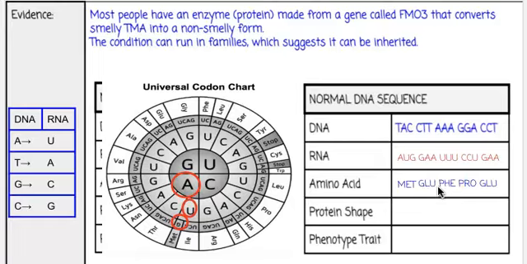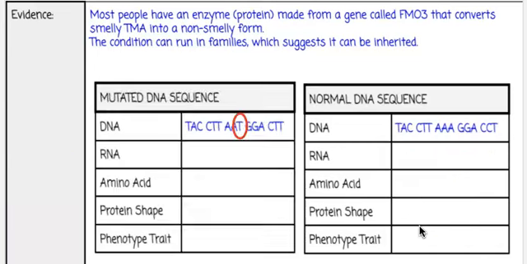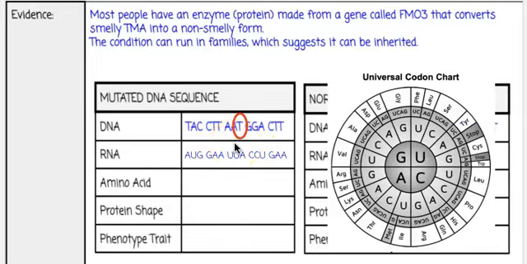But now, how does this affect the protein shape? With the normal DNA sequence, we have a normal protein shape. That means the person will have a normal smell if they eat beans or fish and use proper hygiene. However, in the mutated sequence, we can see that the difference is the T over here, and that causes a change in the mRNA strand.